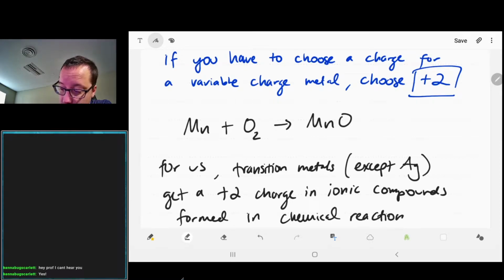Remember, silver is always +1, so we don't have to worry about that. Zinc and cadmium are the other two transition metals that have fixed charges, but they're +2 anyway, so we're okay.